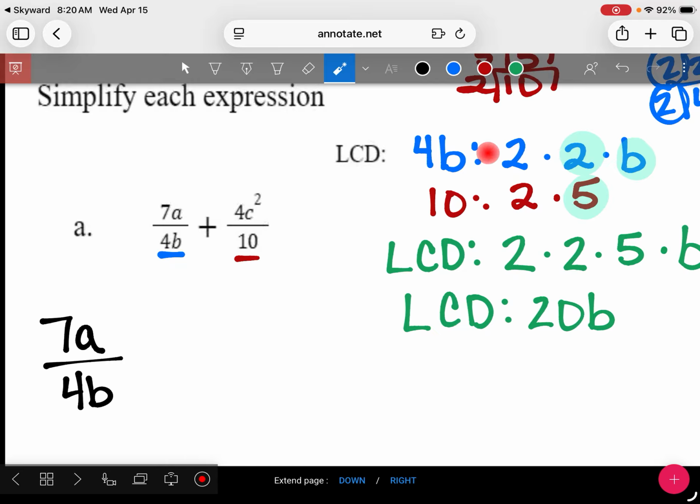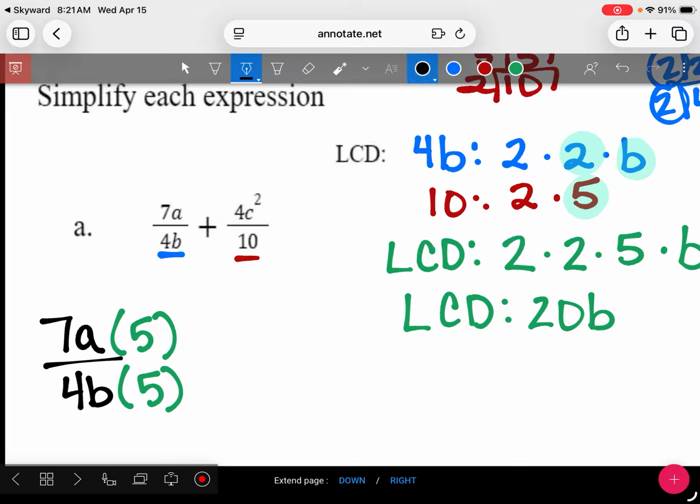So remember, the 4B has a 2 and a B. My LCD has a 2, a 5, and a B. So what's missing up here that's in my LCD? A 5. Good. So I'm multiplying this fraction by 5, top and bottom, because you have to bring in what is missing from the LCD.